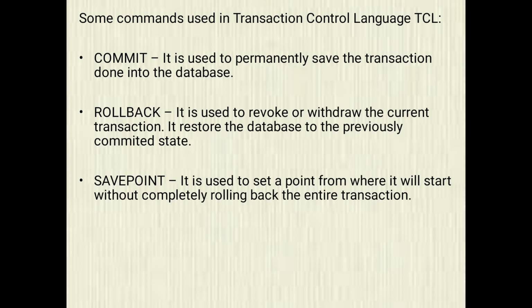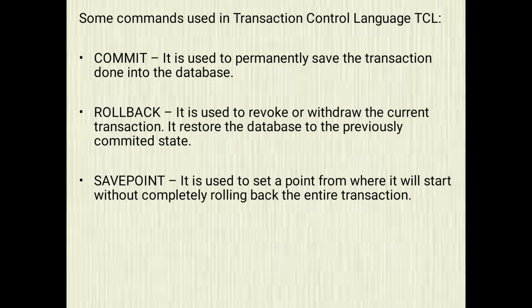Now when the current comes on and you turn on your system, the installation process starts from where it stopped. You don't need to restart the installation process again, but it will start from where it was left off. So that is an example of save point.